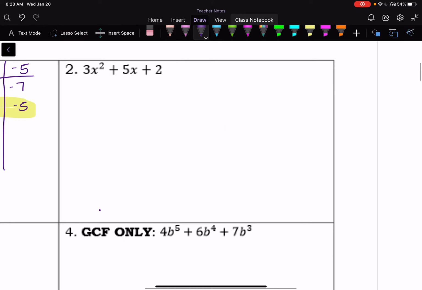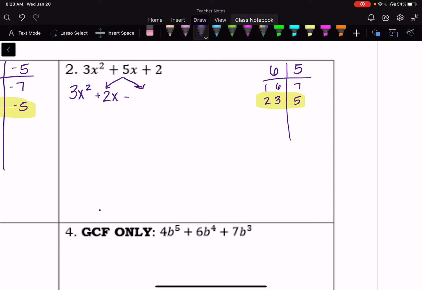Number 2, same idea here, the A times C chart. That gives me 6 and 5. But in this case, we're multiplying to get a positive and adding to get a positive, so I don't have to change anything. So 1 and 6 gives me 7, 2 and 3 gives me 5. Bust up my b into two different terms, which is positive 2x and positive 3x.